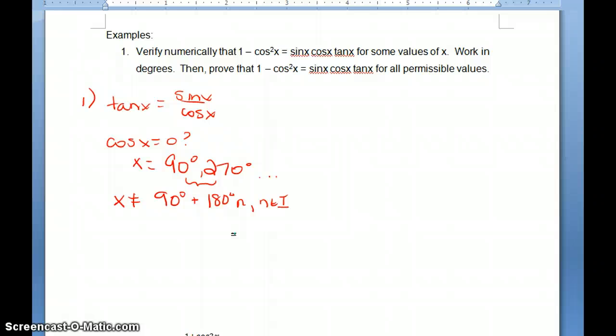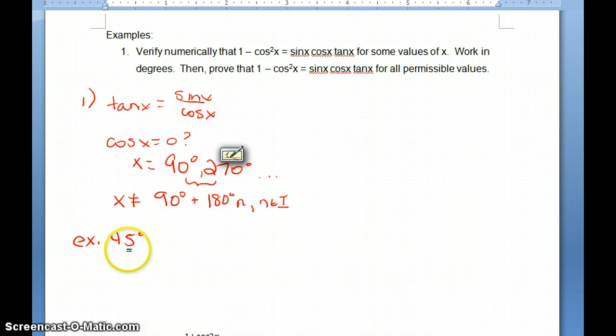So now we've had some practice looking at non-permissible values. Now let's verify one. So big thing here is, let's not pick a value that is non-permissible. So let's pick a different one. And it doesn't matter which one, assuming that if this is an actual identity, no matter what you pick other than your non-permissible values, you should find that it is true. So for example, let's pick 45 degrees, just off the top of my head, okay?